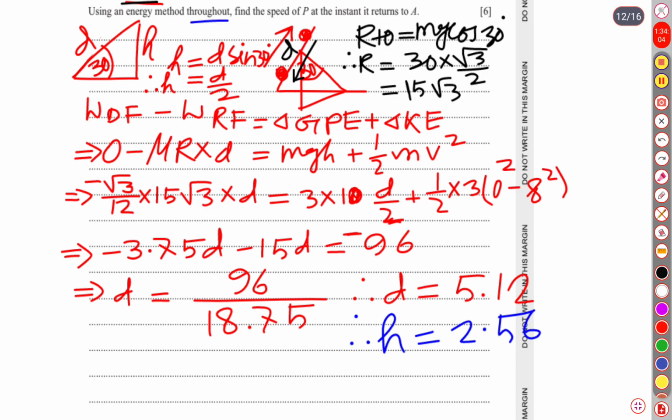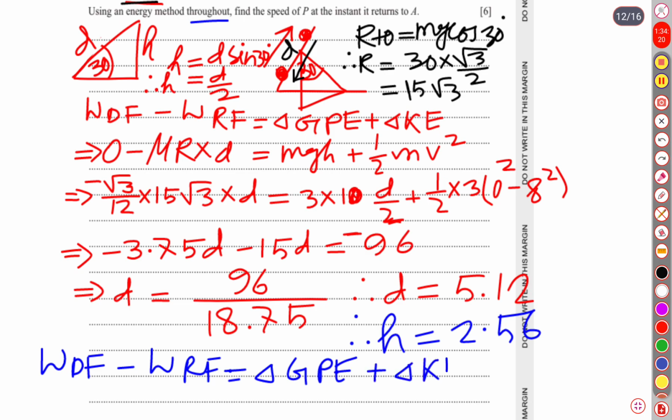Work done by driving force minus work done by resistance force is equal to the same concept of energy equation: change in GPE plus change in kinetic energy. GPE stands for gravitational potential energy.